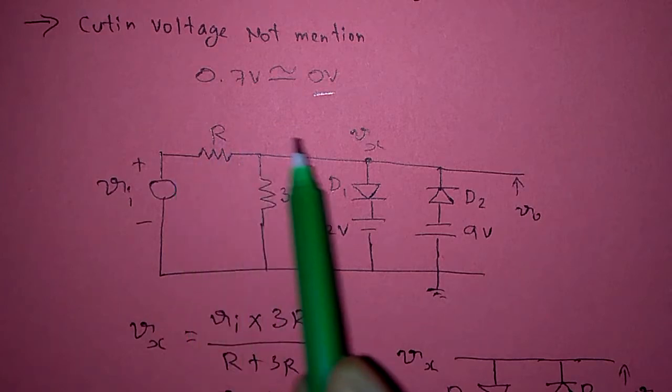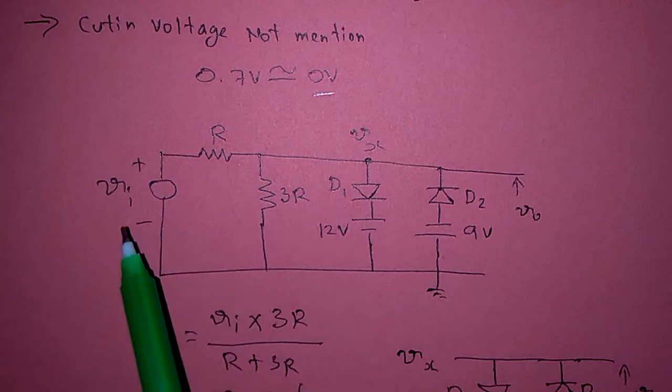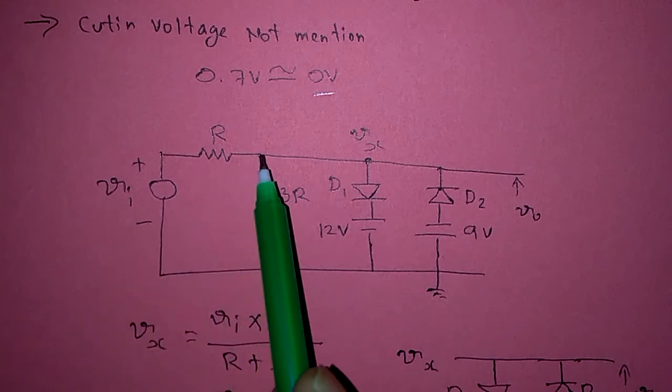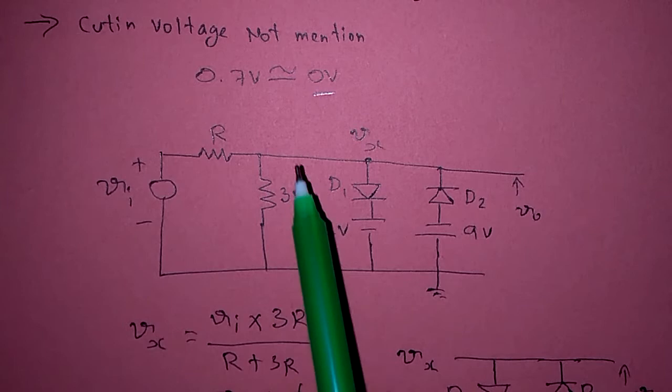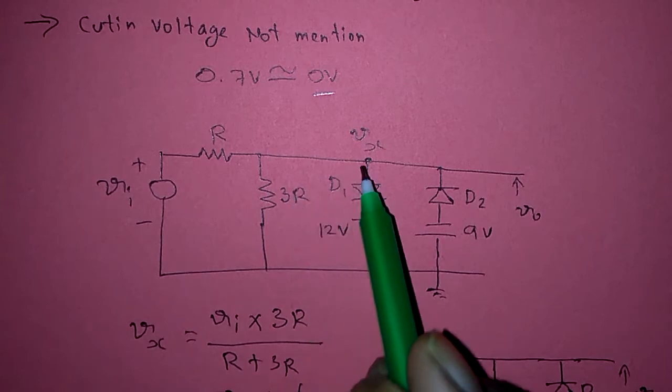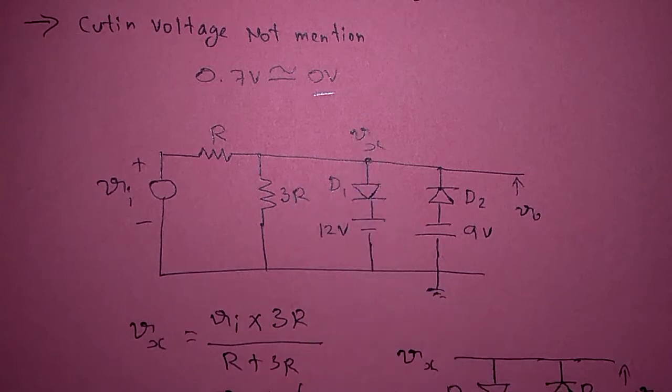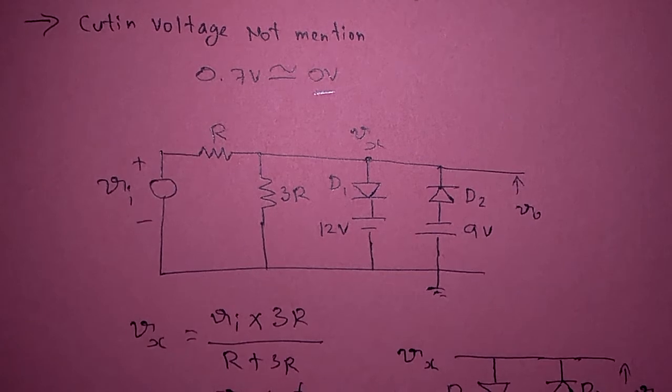Now it is simply a resistive network. This input voltage Vi will be attenuated at this point. I will assume this voltage is Vx. Here we can use the potential divider rule. I also explained the potential divider rule in the first lecture.